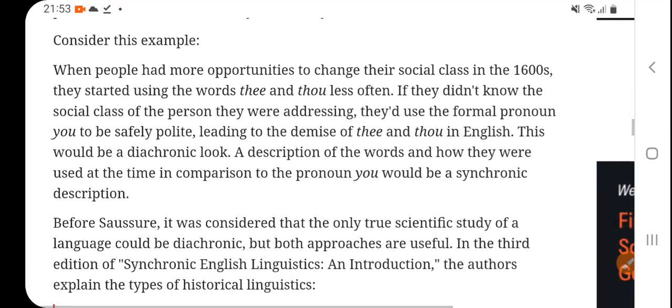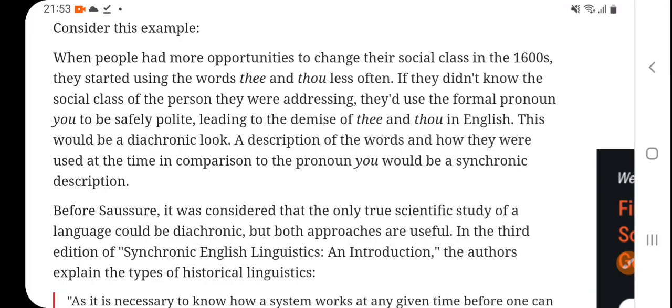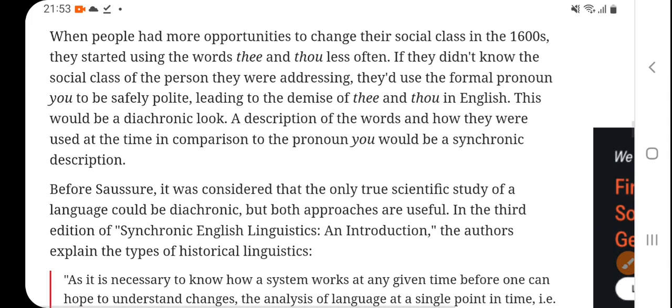Now consider this example. When people had more opportunities to change their social class in the 1600s, Shakespeare's time, they started using the words thee and thou less often.